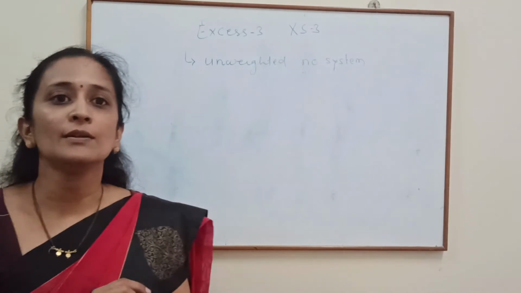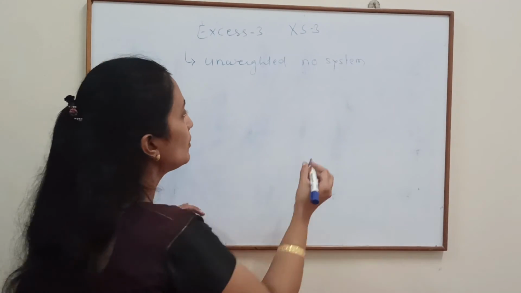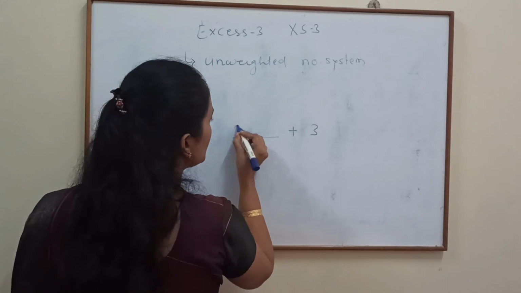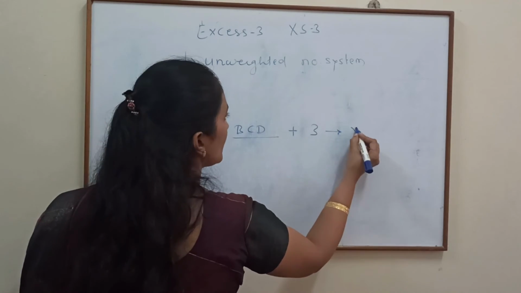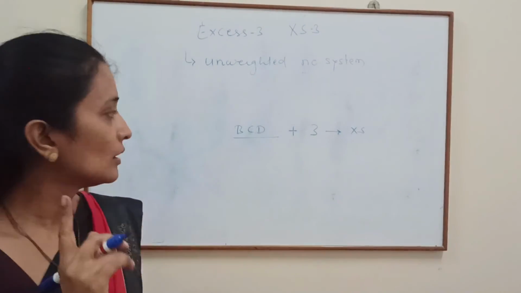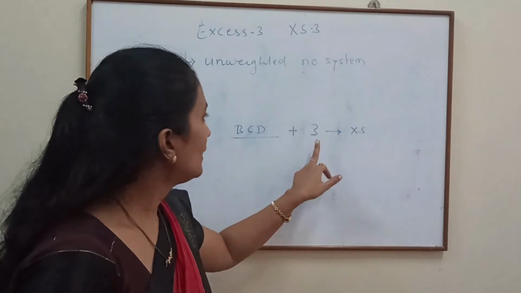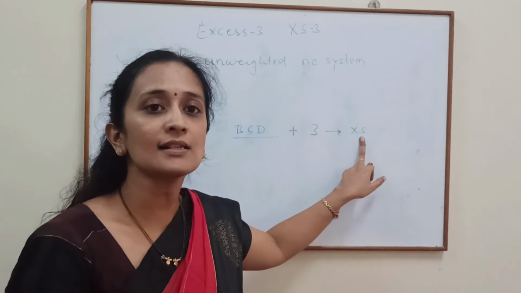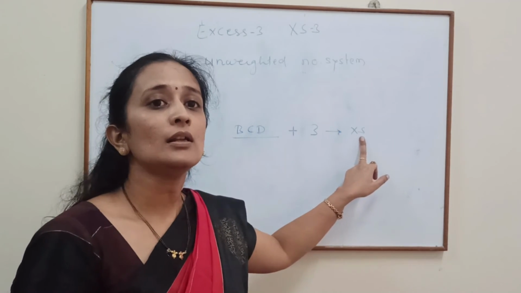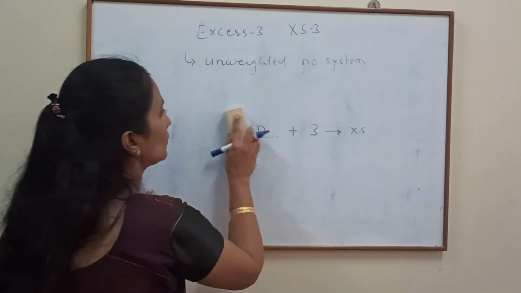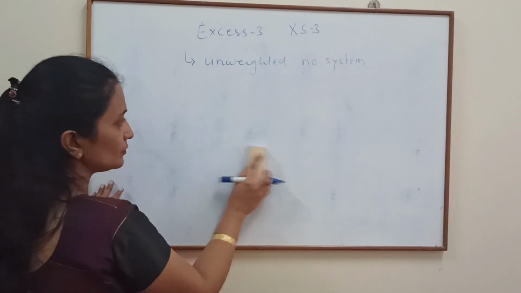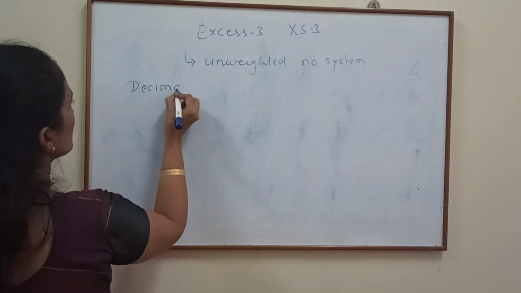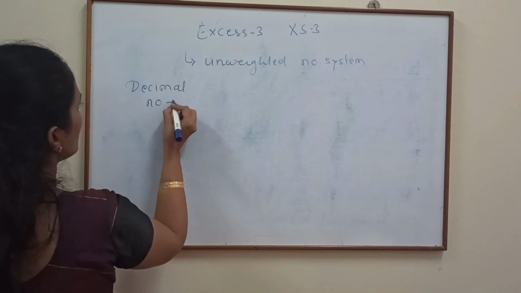How to get excess 3? If we add number 3 to any BCD number, we will get an excess-3 number. Once again I will tell you, when we add number 3 to any BCD number, we will get the excess-3 number. This is the procedure. Now we will form the table. First I will tell you, this is the decimal number.